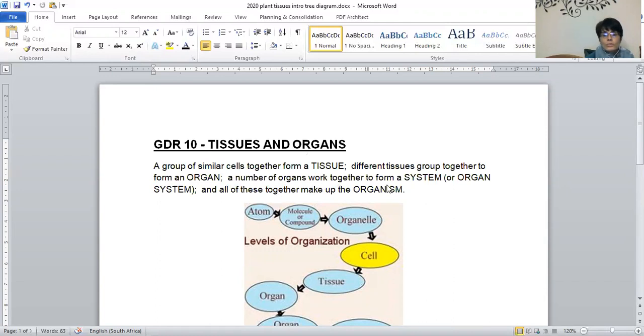And then organs work together to form a system or an organ system. So, for example, think of the digestive system: stomach, intestines, rectum, pancreas, liver, esophagus, etc. And then all the different systems like the digestive, respiratory, circulatory, muscular, nervous, etc. systems would make up the organism.